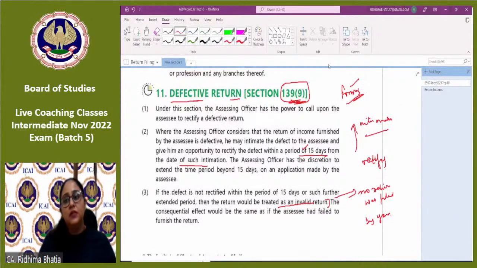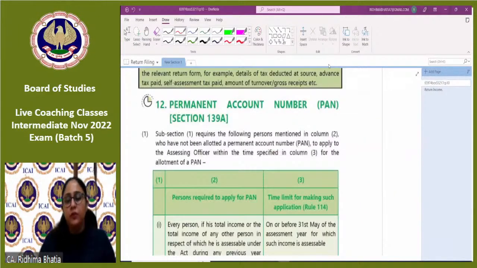PAN number is a unique number which every assessee in income tax is allotted. For a PAN number you have to make an application, okay? And you are given a PAN number in form 49A, or 49AA if you're a foreign citizen. You make an application to the authority.